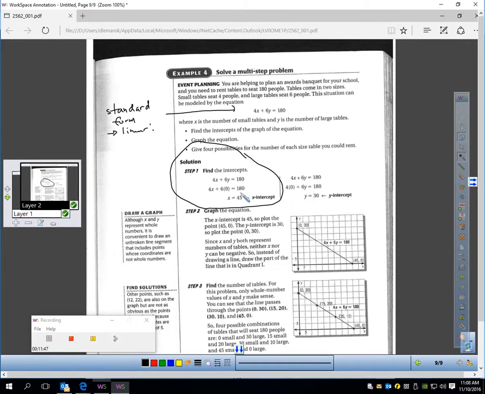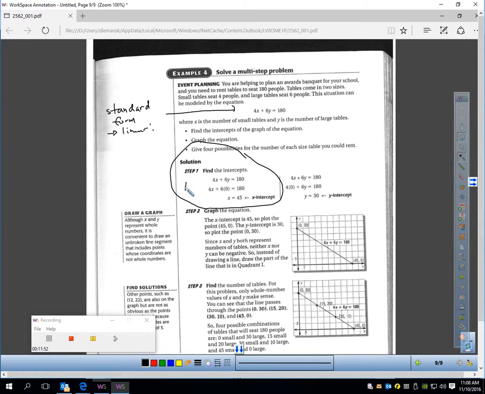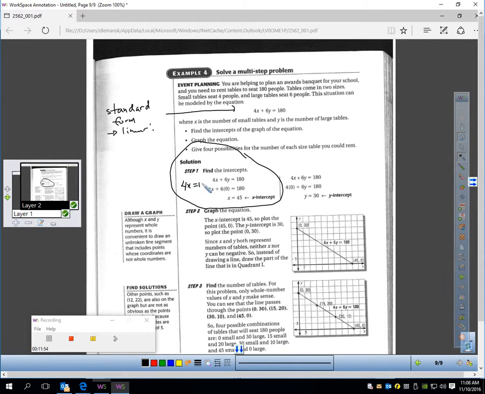You notice they put a 0 in for y, which means 4x equals 180. The book's a little sloppy in their work. They didn't show that they're dividing by 4, and that's why they're getting x is 45. So let's go ahead and graph that. This is 45 comma 0. So do you notice they went 45 right, 0, put a point.